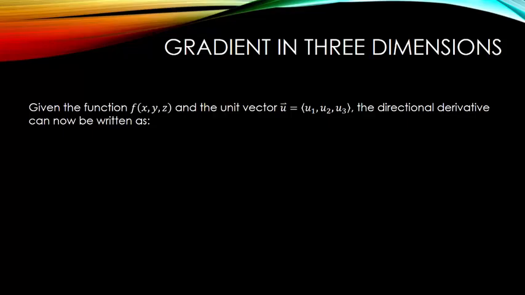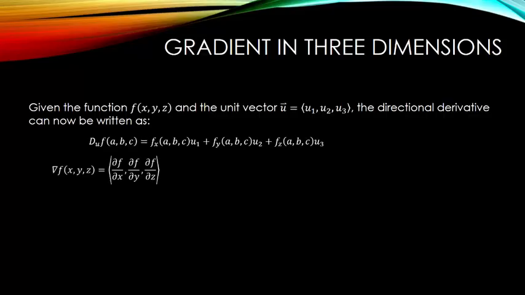If I'm given the function f of x, y, z and a unit vector u with components u sub 1, u sub 2, u sub 3, the directional derivative can now be written as D_u of f at (a, b, c) equals f_x at (a, b, c) times u sub 1, plus f_y at (a, b, c) times u sub 2, plus f_z at (a, b, c) times u sub 3.